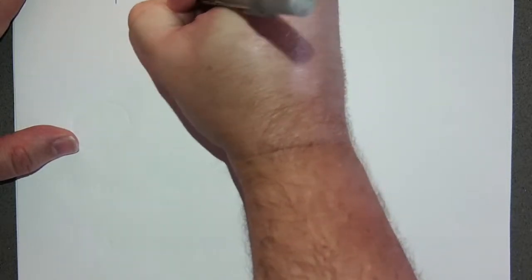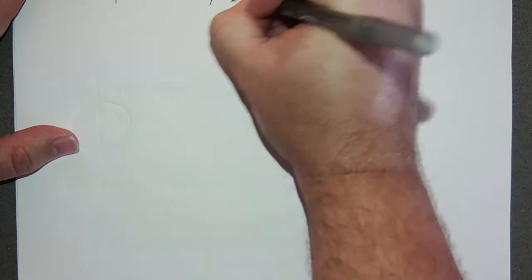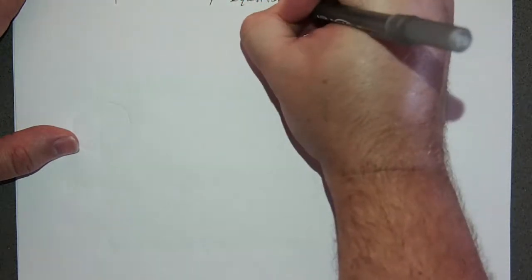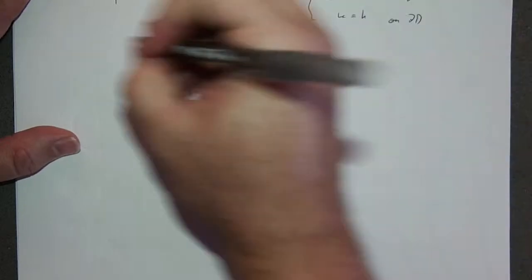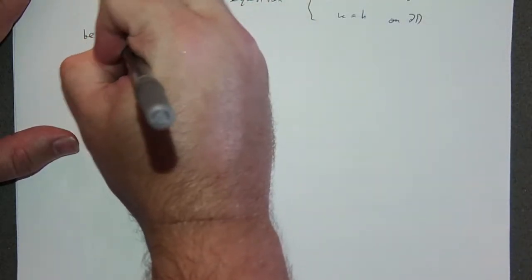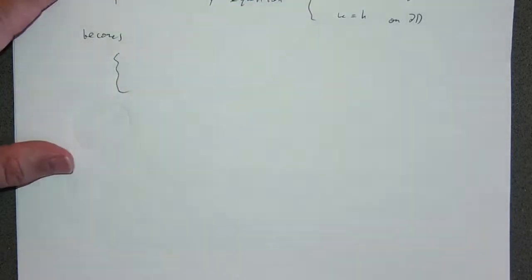And so I can really conveniently recast this equation using polar coordinates. So in polar coordinates, my equation, which I'll just rewrite as Laplacian of u is 0 on D and u equals h on the boundary, becomes the following.